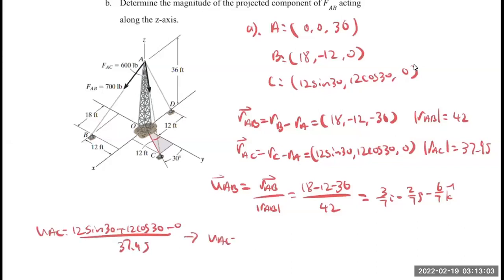My UAC is 0.1581 i plus 0.2739 j plus... my bad. This shouldn't be 0. This should be negative 36 because it's C minus A. Negative 36 here.